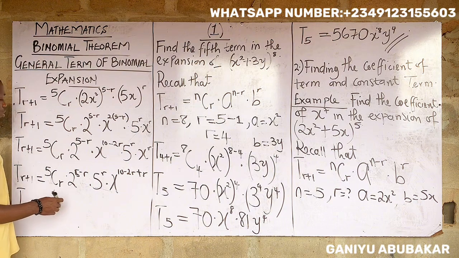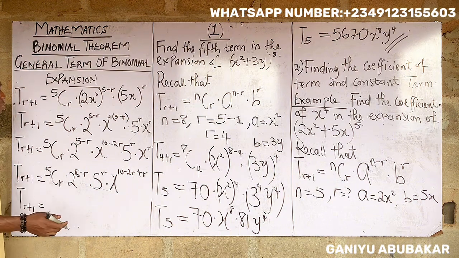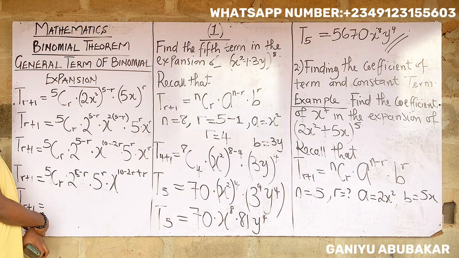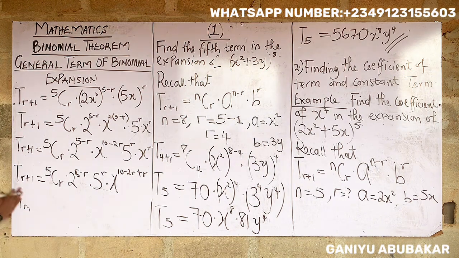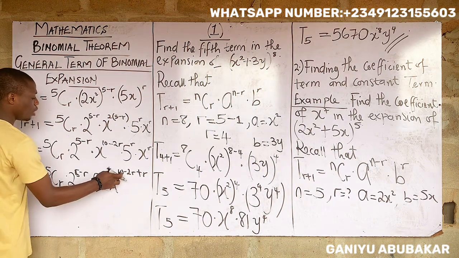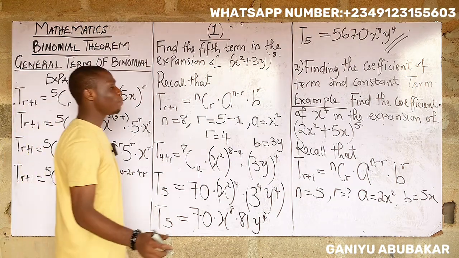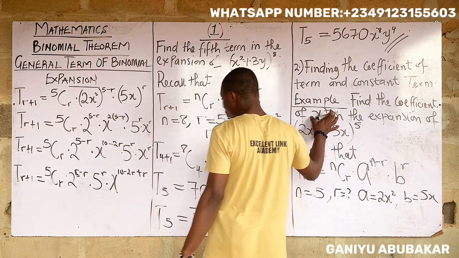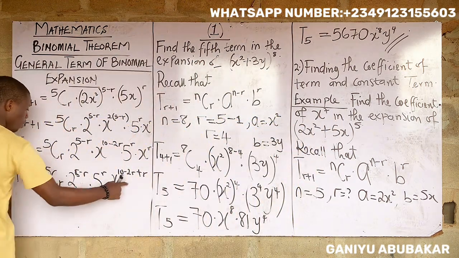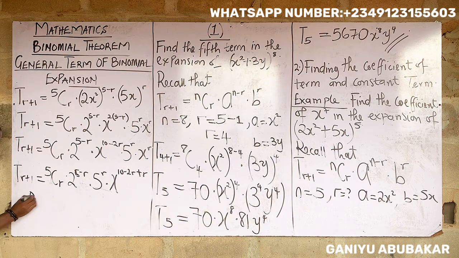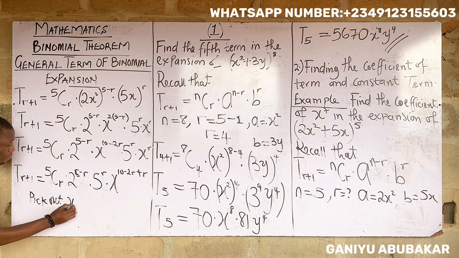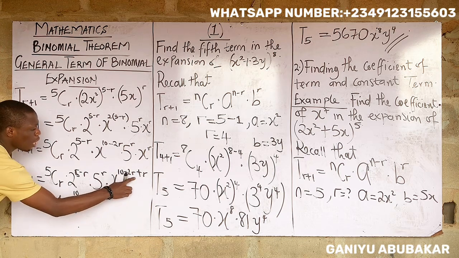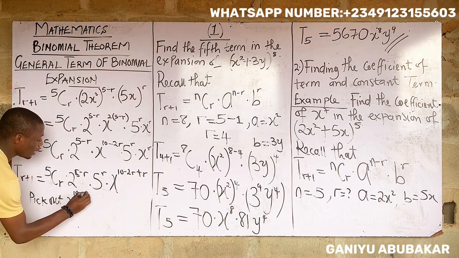from here now, I can just try to get r instead of wasting time. So for me, if I even proceed with this, I can see this x, let's apply everything here, and the value I'm giving x here is equal to 7. So the task now is that I'll just pick out x to the power 10 minus 2r plus r, that's 10 minus r.